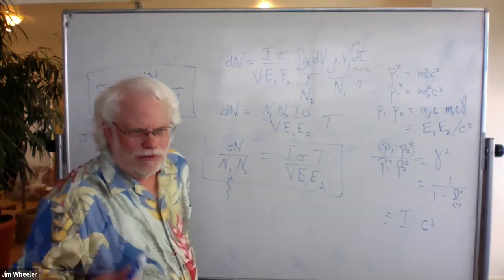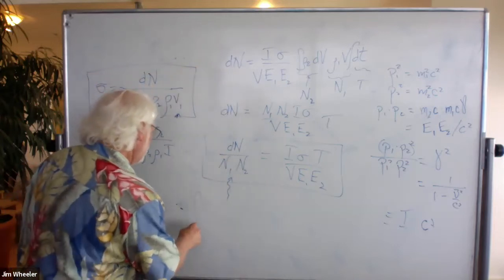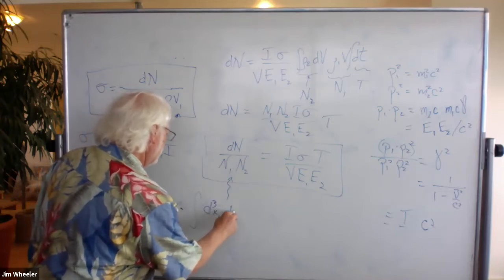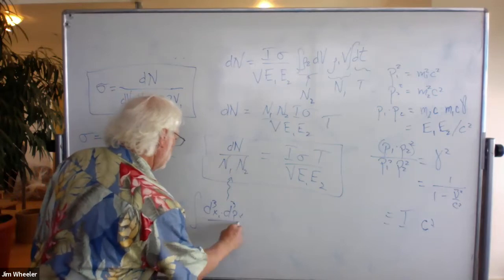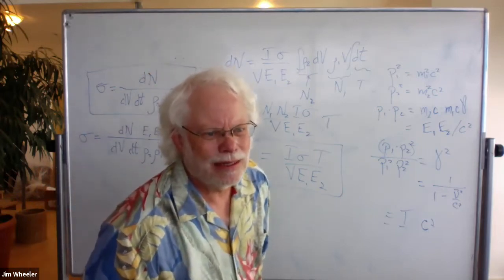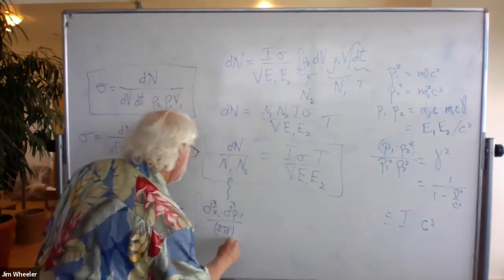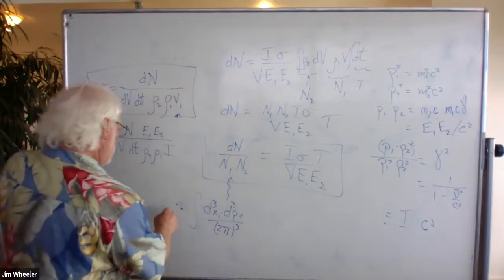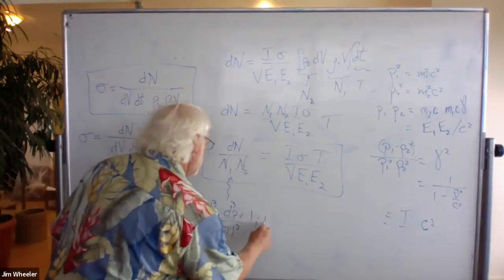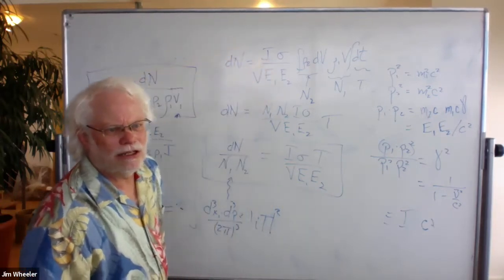And we've already computed that. That's this sum over all phase space, d3x, d3p, over 2 pi cubed, I think it was. Where did I put this? Yeah, there it is. So all of this is equal to this times our squared matrix element, I think. Yes, that's right, 2 pi cubed.